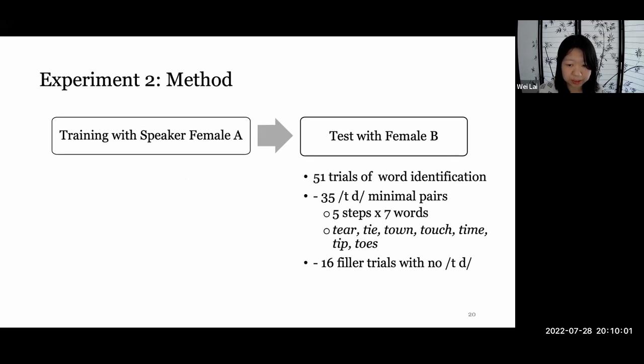The test phase was designed to capture listeners' voice onset time categorization with minimal pairs such as tear versus deer. And the critical stimuli were constructed by splicing 5 steps of TD continuum into 7 lexical frames of TD minimal pairs. And again, all the trials in each phase were randomized for each participant.